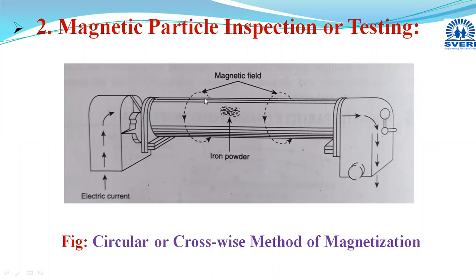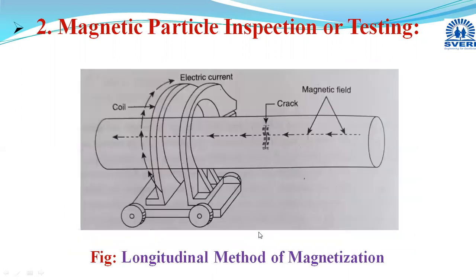After this magnetization, fine ferromagnetic powder is applied on the surface, and after giving some time, if any lengthwise crack or defect is there, the powder will get concentrated at that defect due to creation of magnetic poles. So when the electric current is lengthwise, circular magnetization happens and lengthwise cracks are detected. This is the first method of magnetization.